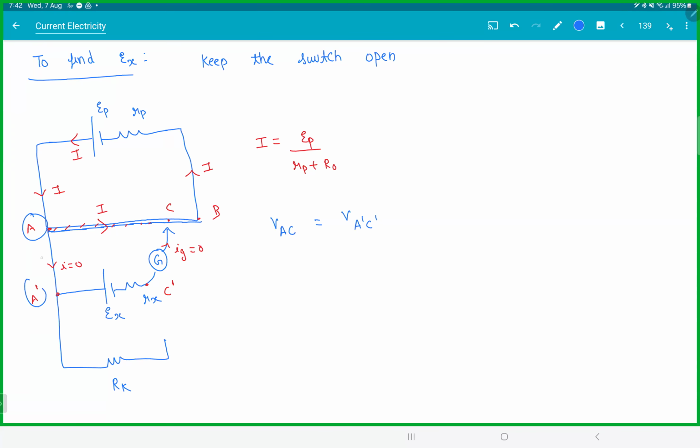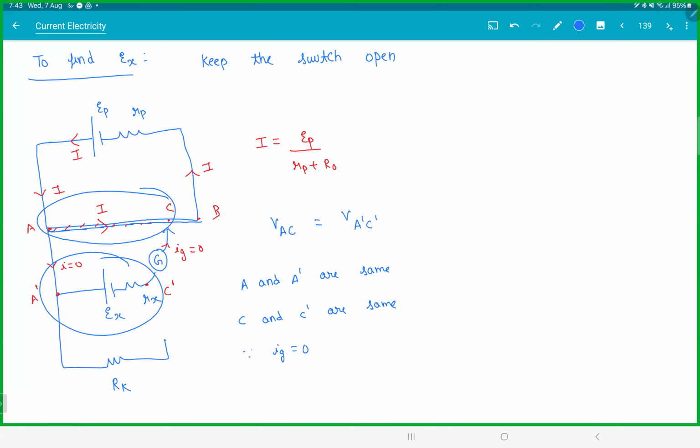Because A and A dash are at the same potential, and C and C dash must be at the same potential since Ig is 0. That's it. This is the main concept. When the bridge is balanced, the potential difference across this wire must be equal to the potential difference across this circuit. Are you getting that?